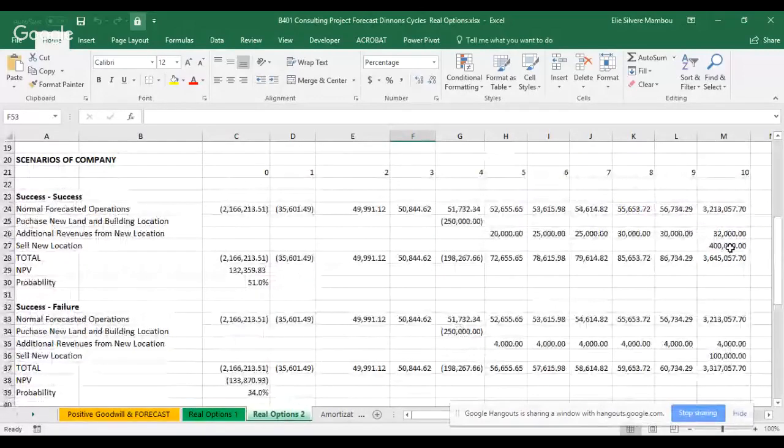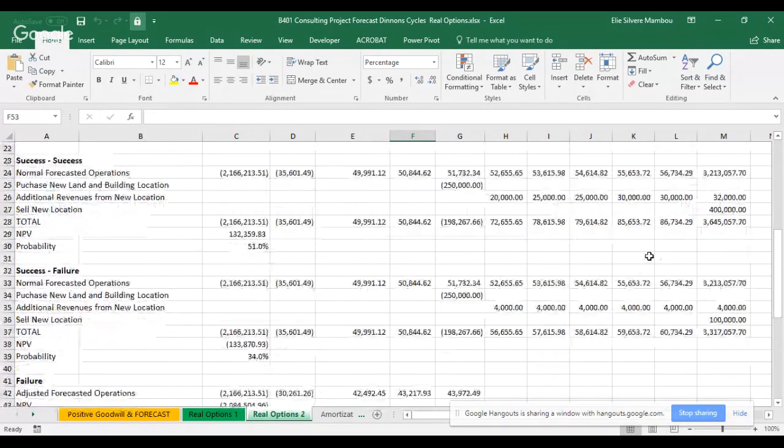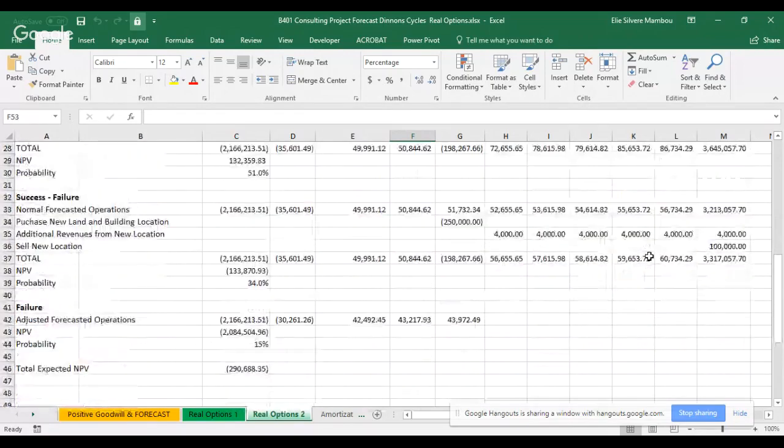So you see where we purchased land and what we sold it for. With the total of success, it's a positive, and there's a 51% chance of that, which is good for the investors. Then when we do success failure, we have a negative 133,870.93, which is not good, and that's a 34% chance.